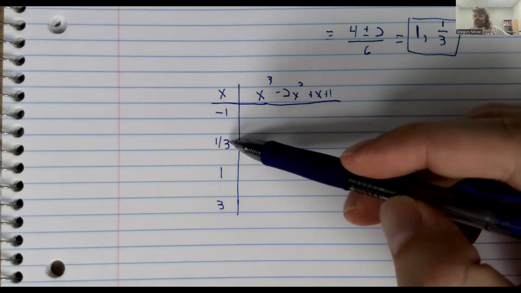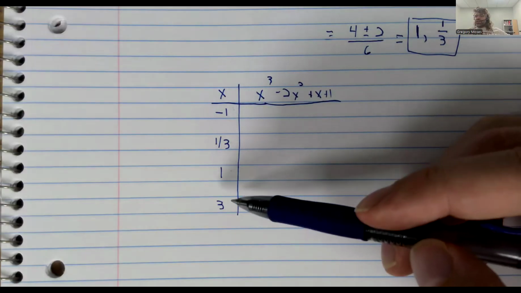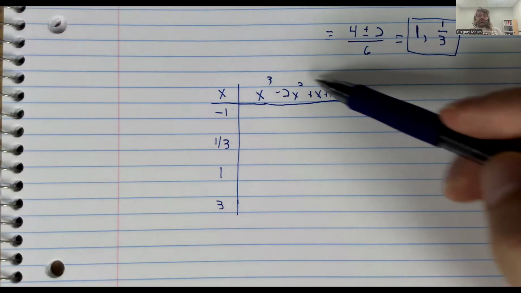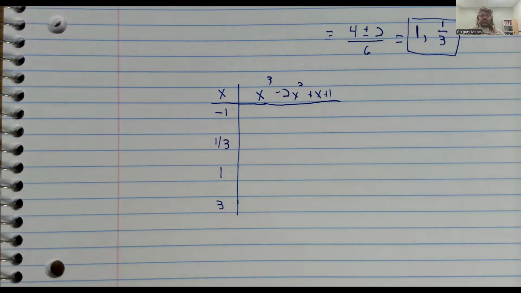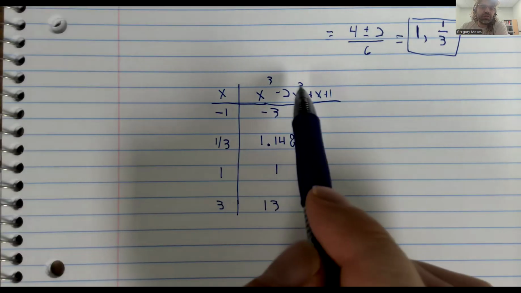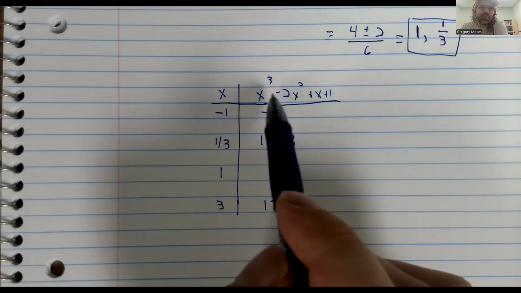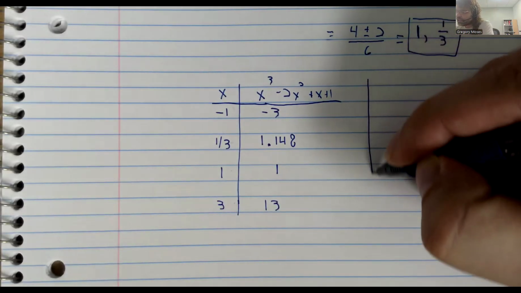So we're going to take these numbers, -1, 1/3, 1, and 3, and plug them into this function. I will do this off camera. Notice that we're not creating a sign chart. In particular, we're not using the derivative for this step. We're plugging the numbers into the original function.